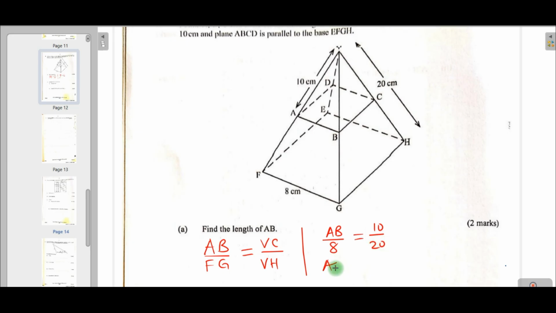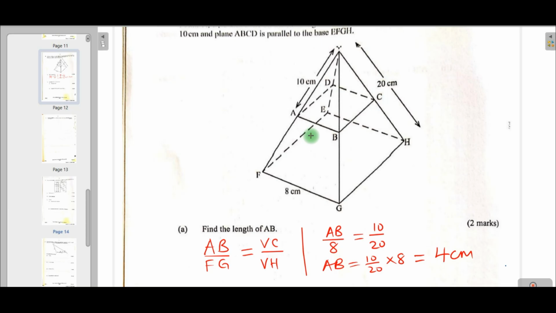Therefore to get AB is equal to 10 over 20 multiplied by 8, and therefore we get 4 centimeter. Therefore AB is 4 centimeter.